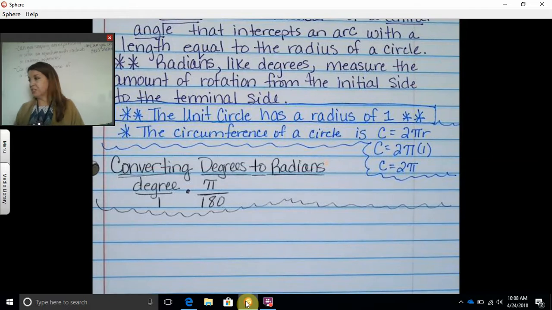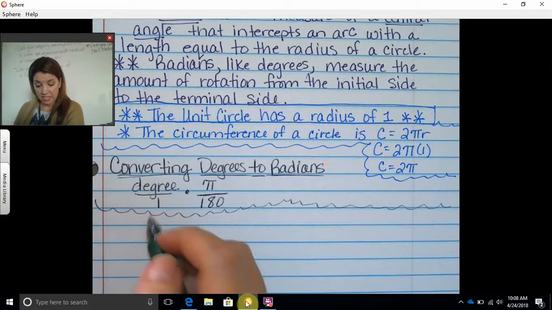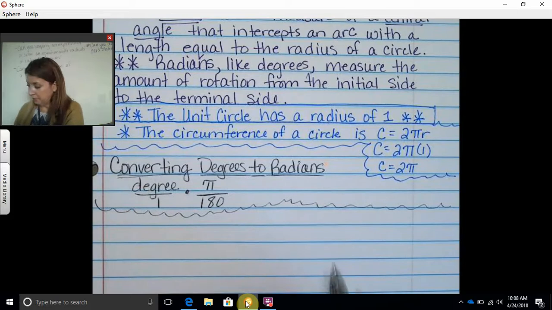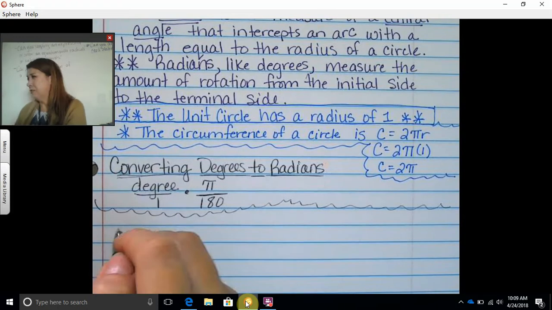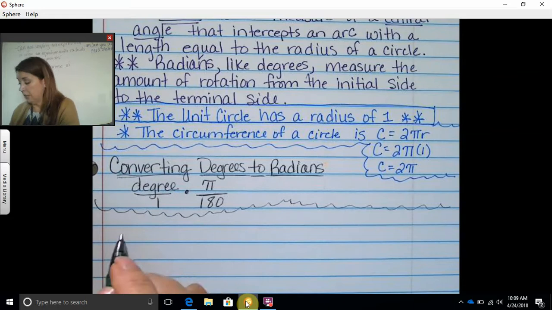All right, so we're going to start with that little 30-degree angle. We're going to convert it to radians. How many radians is 30 degrees? So like I said, I'm going to color coordinate them. I'm going to do that first quadrant in one color and the second quadrant in another color. And I'm going to have to write small because this is a lot of calculations, okay?